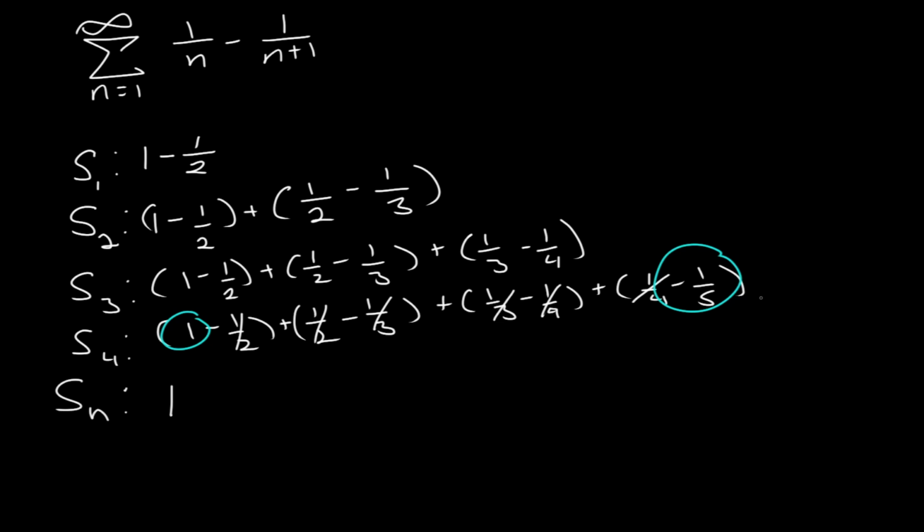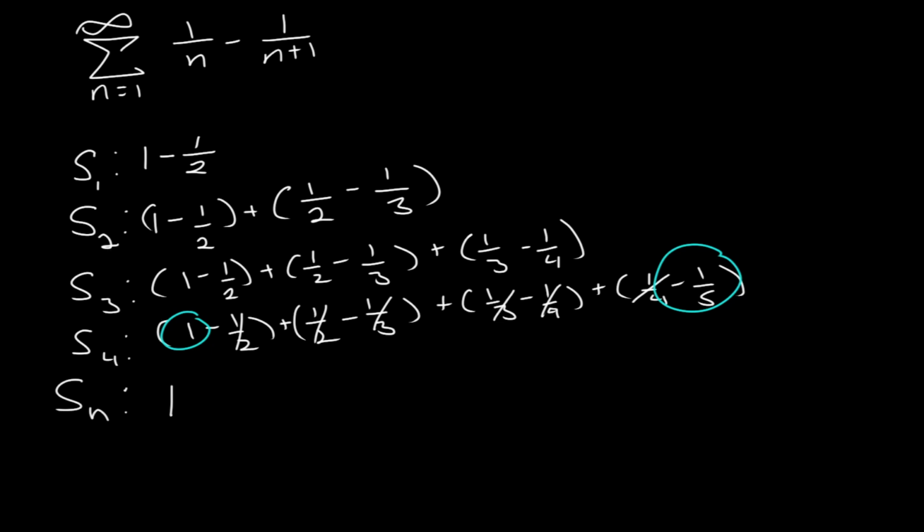However, the last term in all of our sums, if you notice, is always 1 plus whatever we set the upper limit to. So we set the upper limit to 4 right here, but it's 5. It's always plus 1. Set the upper limit to 3 here, it's 4.